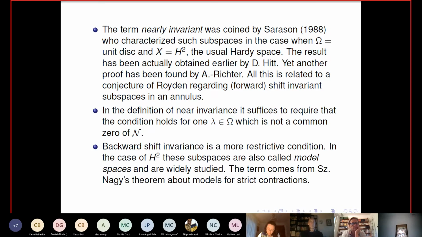As I said, backward shift invariant is a more restrictive notion, and the best known examples are the model spaces, right? When the underlying space is the Hardy space, they are called model spaces because this comes from the Cauchy-Knox theorem about models for strict contractions.